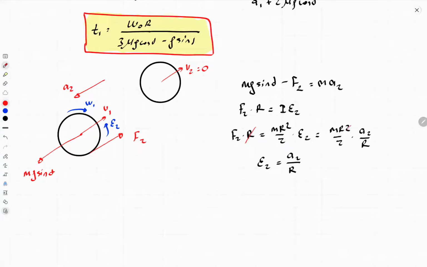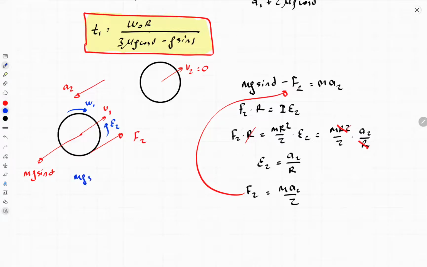So from here, friction force 2 equals ma over 2. Now we know what the friction force is. So now we can bring it into the first equation and find acceleration.